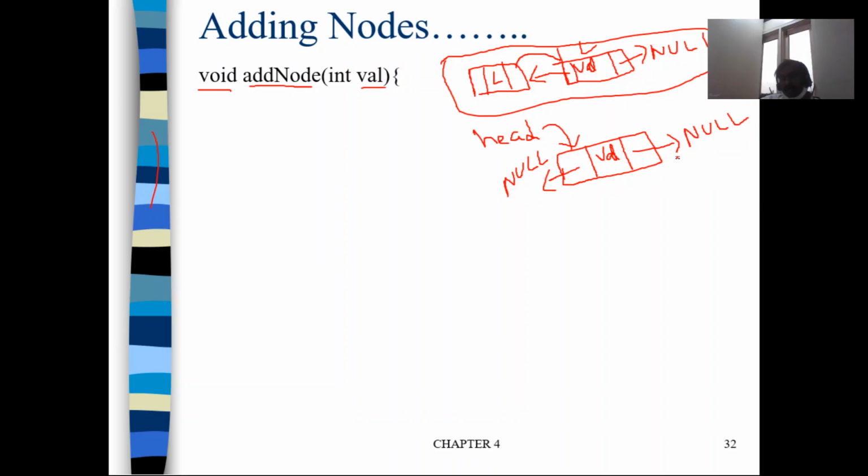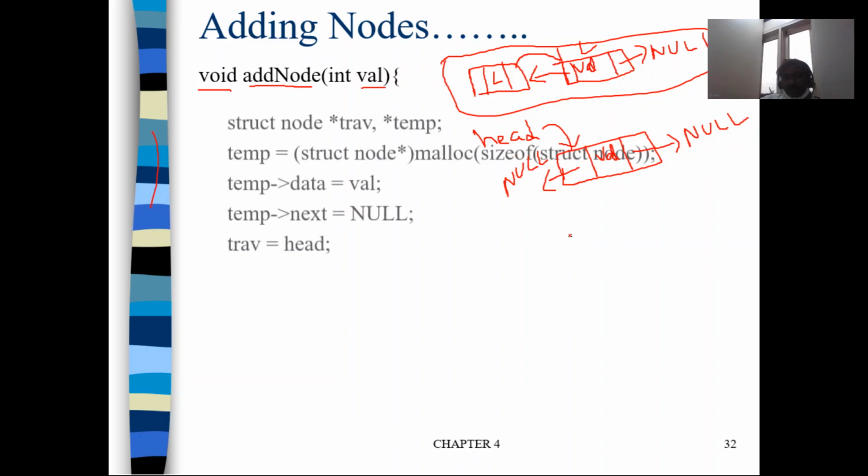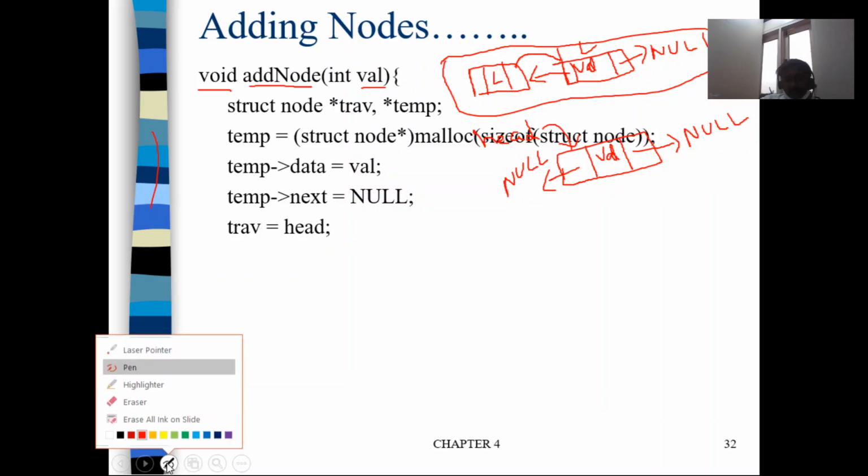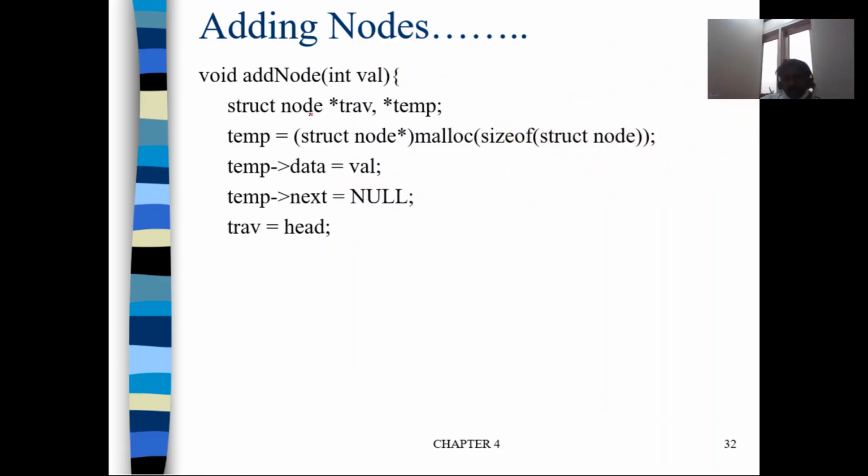Okay, fine. So what we do here, first we declare two pointers for node. One is traverse, the other one is temp. So temp is for the new node.